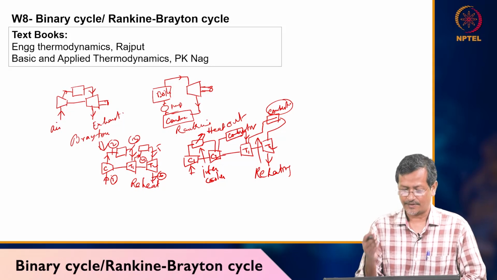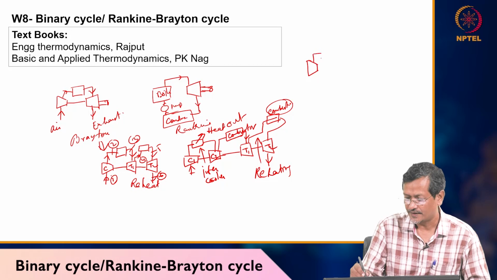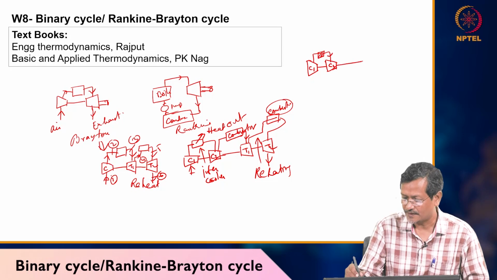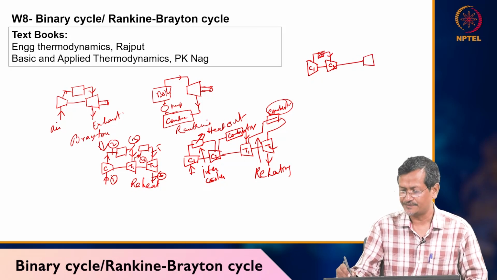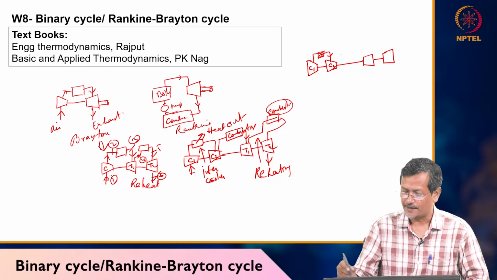Now if we have an intercooler, reheating and a regenerator also, what is happening? You have compressor 1, compressor 2, and in between there is a heat rejection process, then it is run by one turbine system, maybe multiple turbines are also possible.